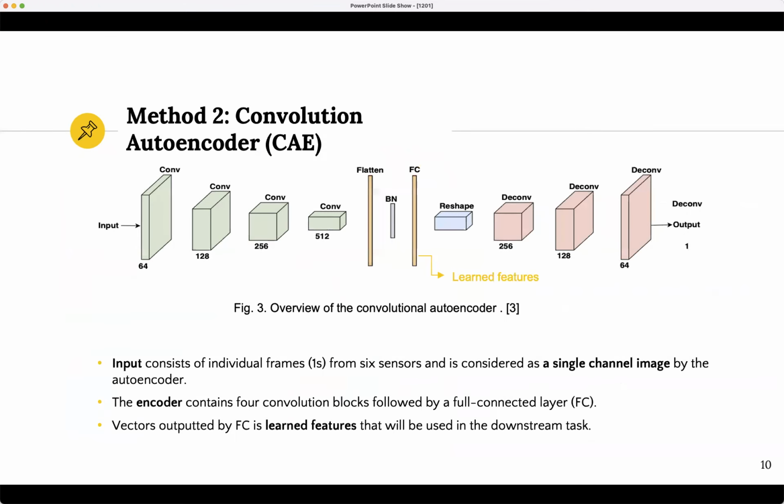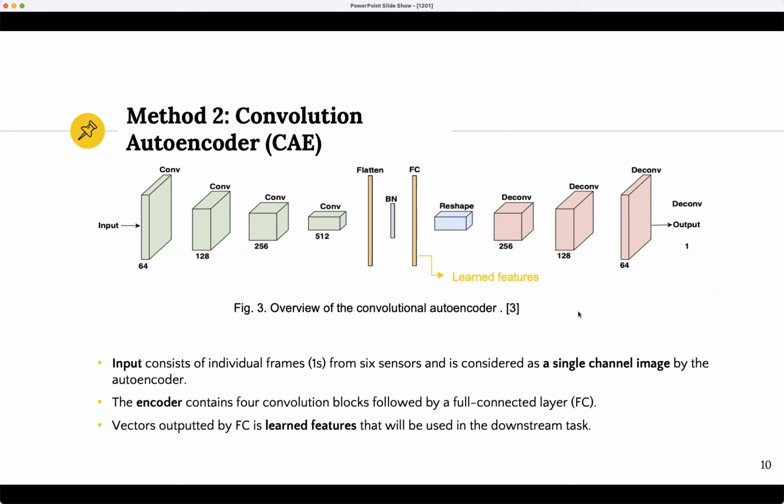The second method is called convolutional autoencoder. Figure 3 shows you the overview. Actually, it's a simple implementation of an autoencoder. Here, the input consists of individual frames. Here, they use 1 second.